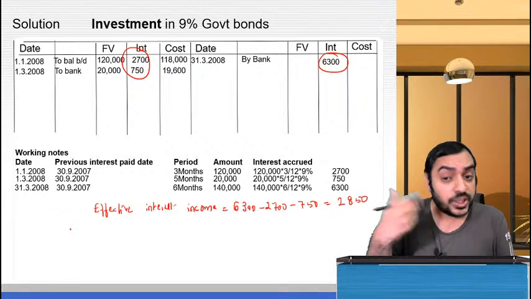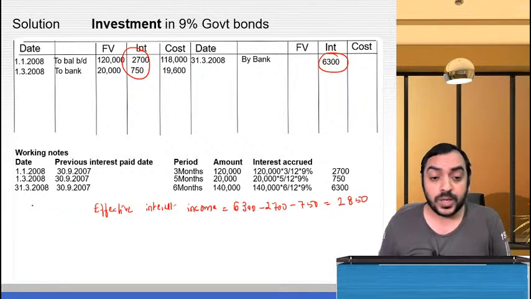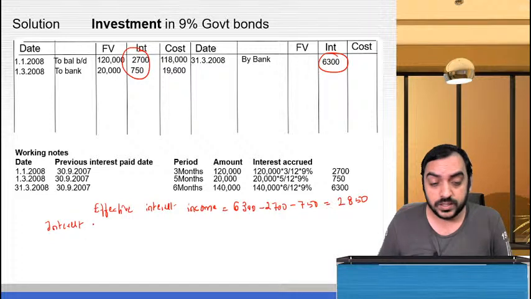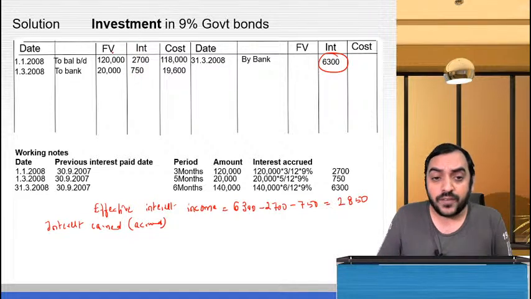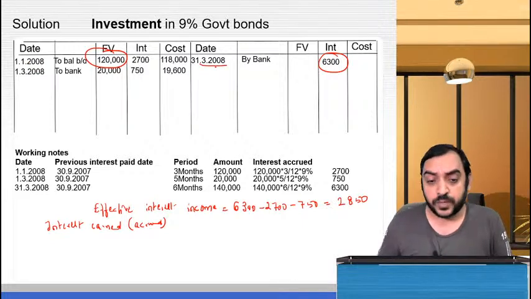Let's see, are you eligible for this number? Let's see the accrual part of it. What is the interest accrued? Interest earned? You see, you are having 1,20,000 from 1st of Jan till 31st of March. So on 1,20,000, 3 months at 9%.